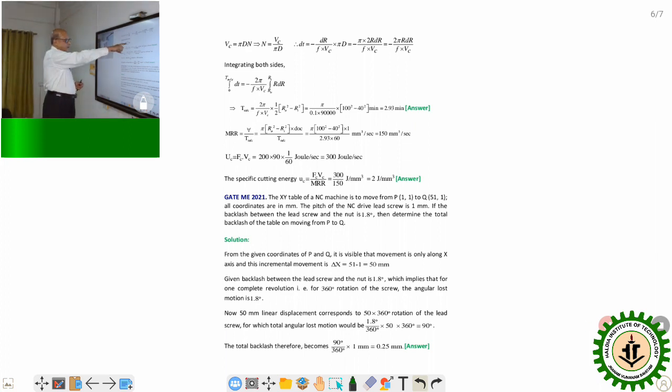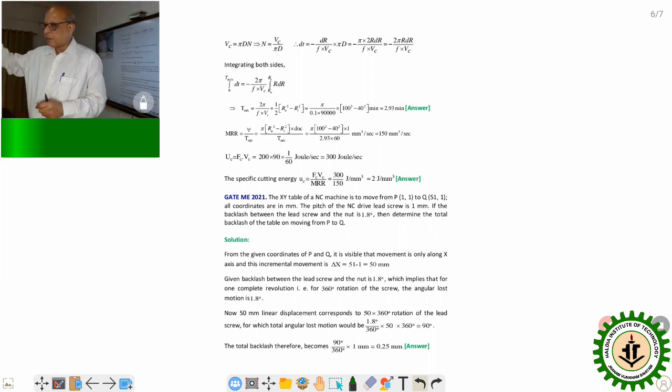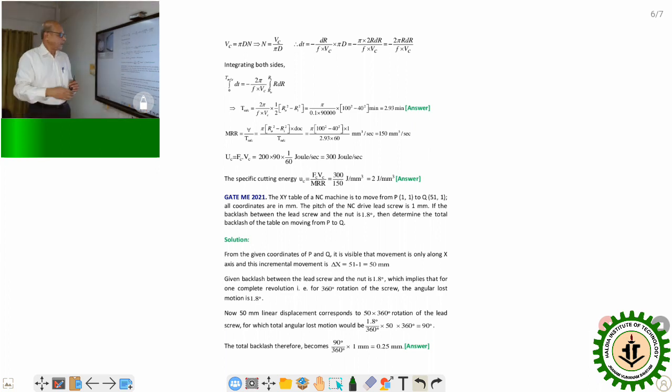So what remains is integration r dr, limit from r0 to ri. Once again, we have to think that tool travel is from the outer towards the inner. That is why the limit is from r0 to ri. So if we just change the limit, minus minus cancels out. So eventually it becomes plus.